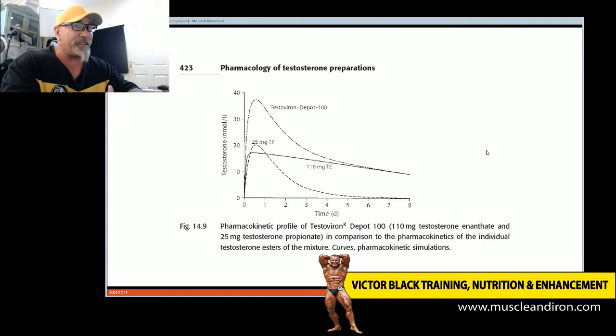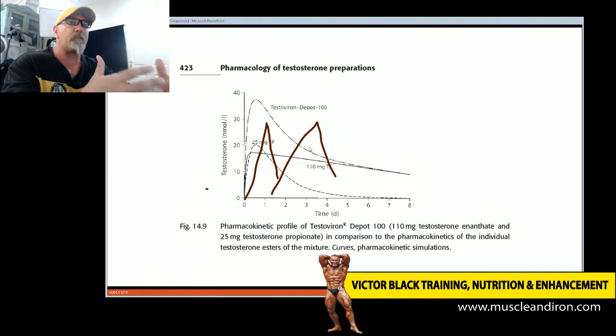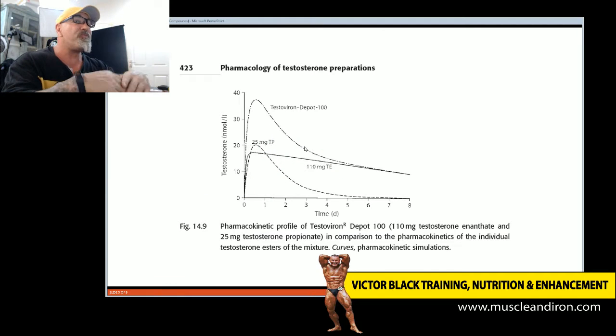They both peak almost immediately, within days. There's this idea that, because it's testosterone enanthate, we're going to have this peak of propionate here, and then sometime later we're going to see the enanthate peak. That's the mythology, the misunderstanding that guys have. That was the idea behind multi-ester testosterones and multi-ester compounds, but it doesn't work that way.